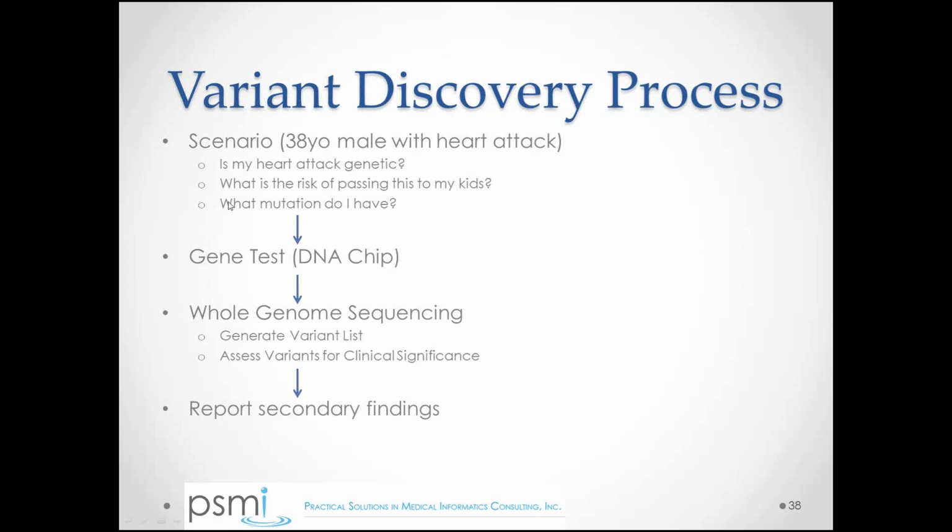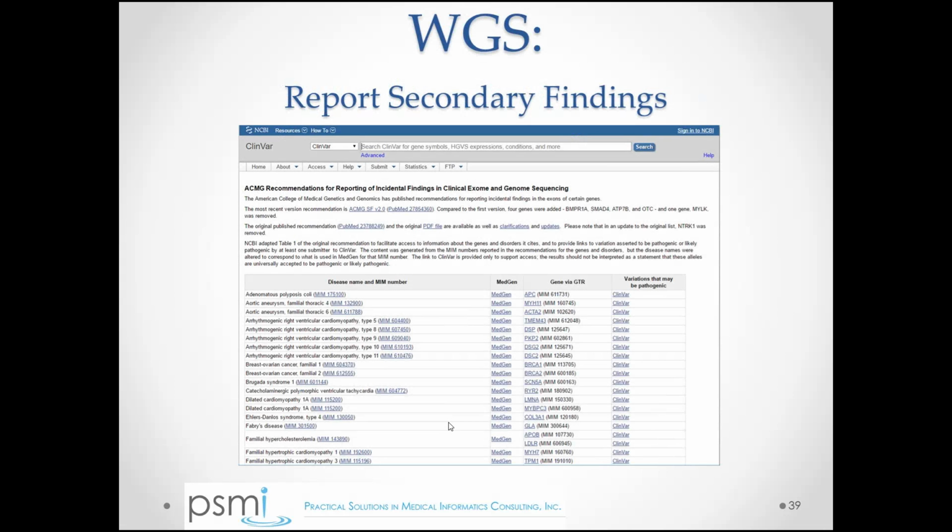We've now identified the mutation that the patient has, and we've assessed it for clinical significance. We believe that that's the one. And what happens then is, finally, when labs are reporting the results of next-generation sequencing, they are reporting secondary findings as well. Here again, the American College of Medical Genetics and Genomics has come up with a list of secondary findings that should be reported.